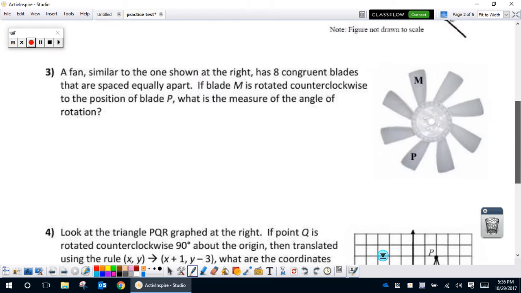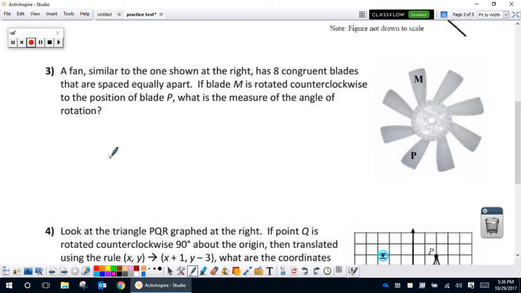All right, moving on to a fan, similar to the one shown at the right. It has 8 congruent blades, equally spaced apart. If blade M is rotated counterclockwise to the position of blade P, that means you're going to start at M and end at P, and you're going to go counterclockwise, which is this way.